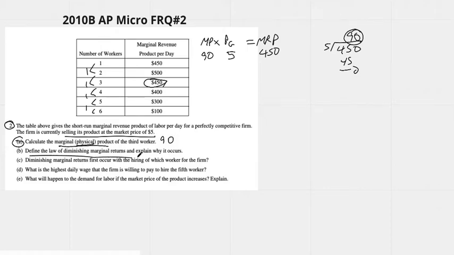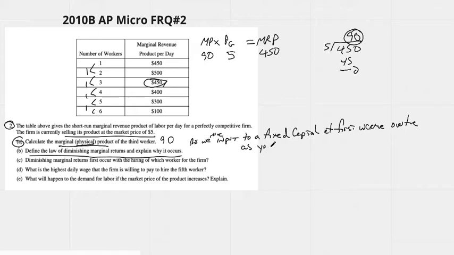Define the law of diminishing marginal returns and explain why it occurs. Okay, I haven't done that in a while. As we add more and more inputs to a fixed capital, at first you get an increase in production over time.